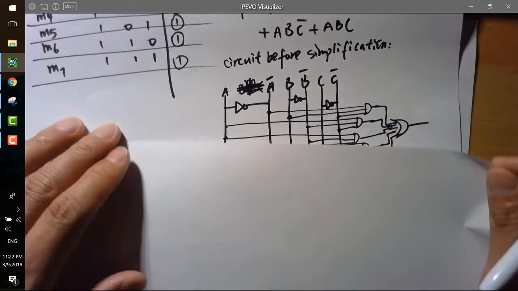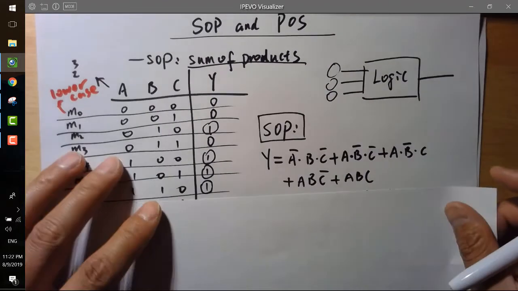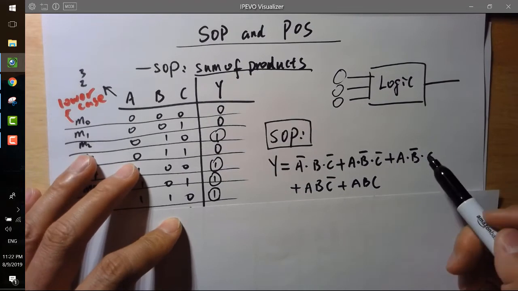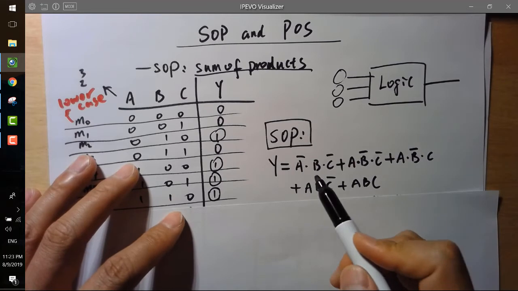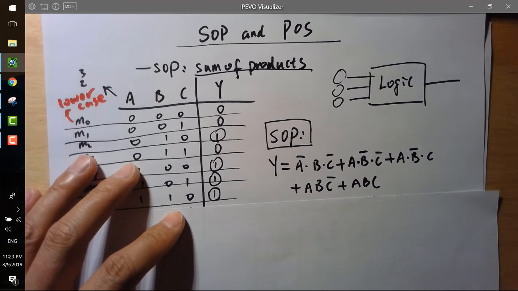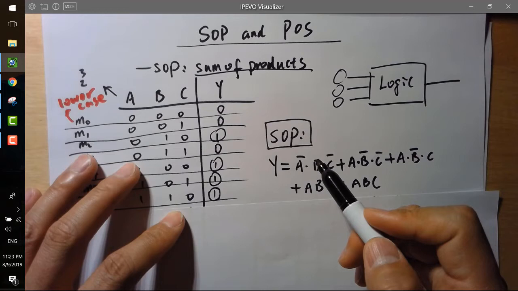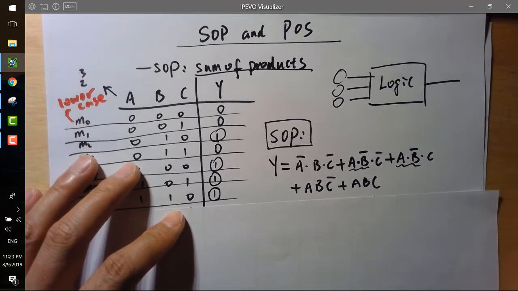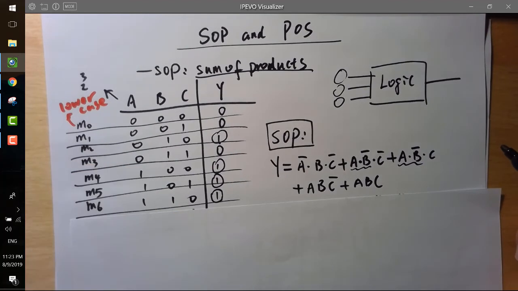So that's the logic expression, and let's see which ones we can combine together. Here we have A naught B naught C naught, A naught B naught C. You have a common term here, so you can take them out at the same time.